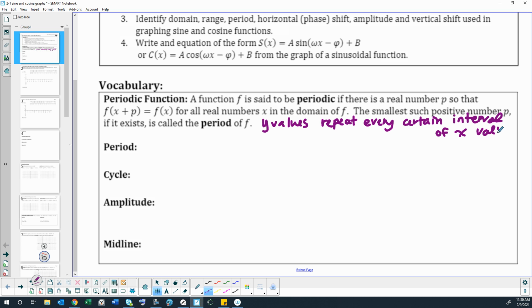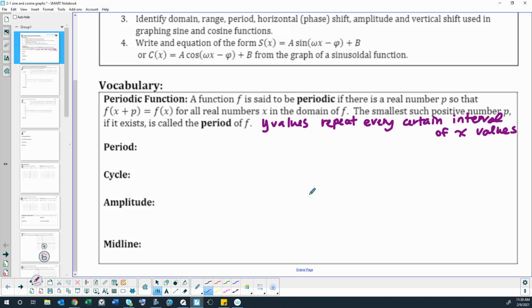Basically your graph repeats over and over. It's the y values that keep repeating over a certain length of x. So you go a certain length of x, and then you repeat the graph again, and again. That length of the graph along the x-axis is called the period, the repeat.